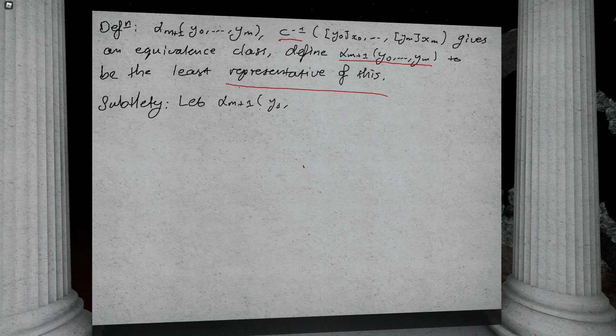So let alpha m plus 1 of y naught up to ym equal d.